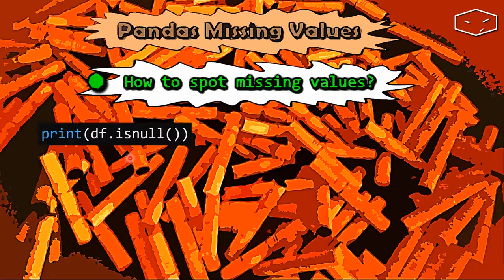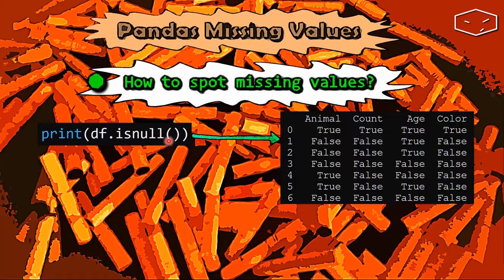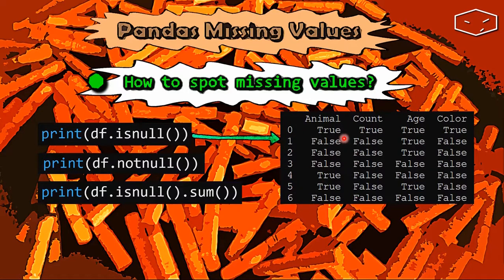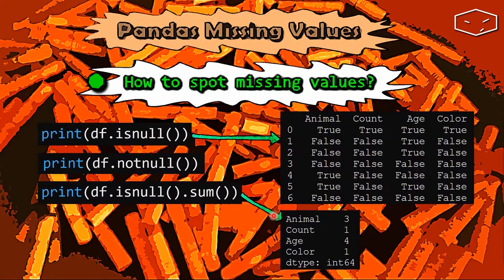Let's review. To spot missing values, we can use the isnull function from a data frame, okay? And this will give us something like this, where the true means that the value is missing and the false means that we have a value, okay? If we have an isnull, we can have a notnull, and the notnull will give us the reverse of this. Also, we can sum the values, which means that we can get how many values are missing in each column.